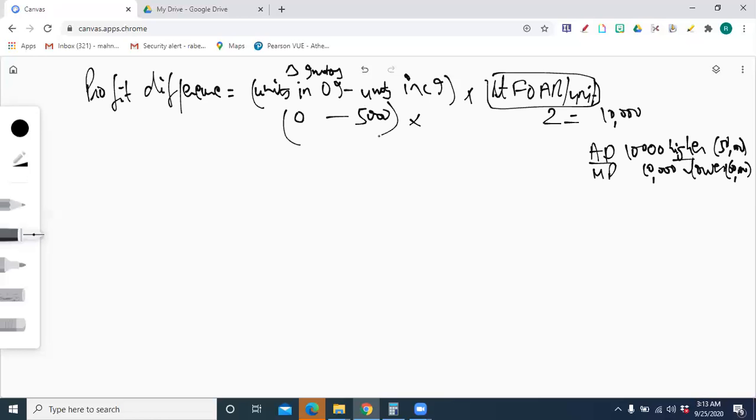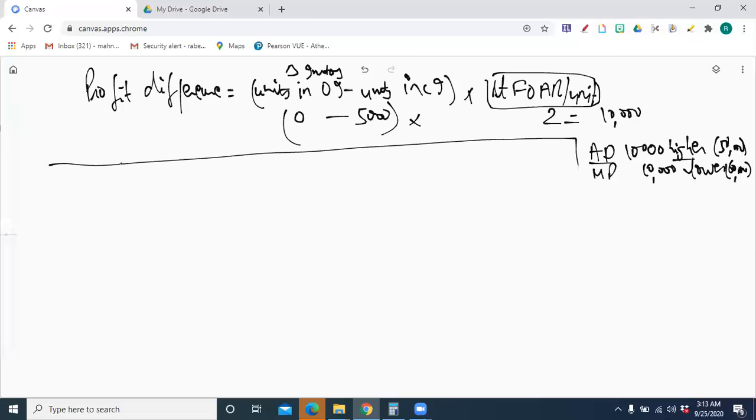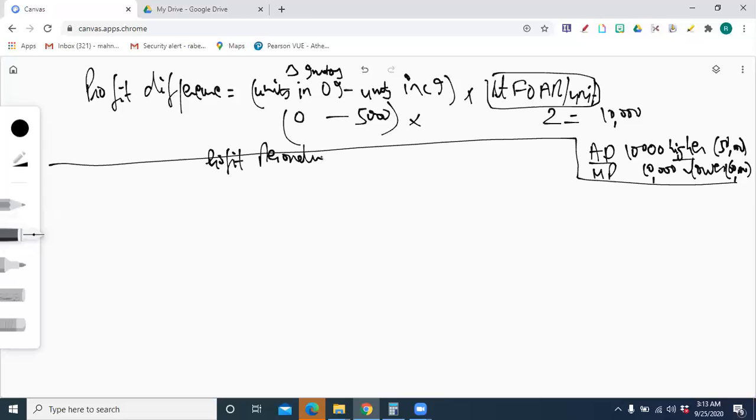But if the opposite happens, that inventory level decreases, opening is more and closing is less, then the case would be the opposite way. So there are 3 cases when you are doing the profit reconciliation between absorption profit and marginal profit. Remember this formula first and remember these 3 cases.